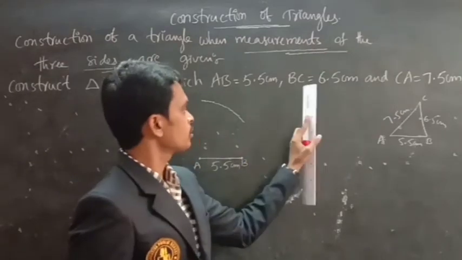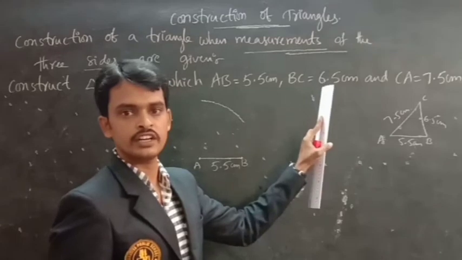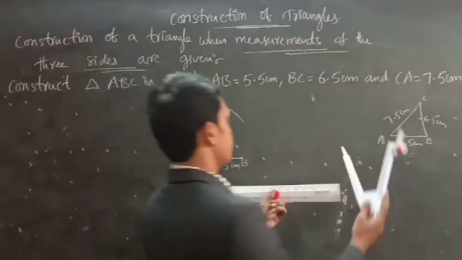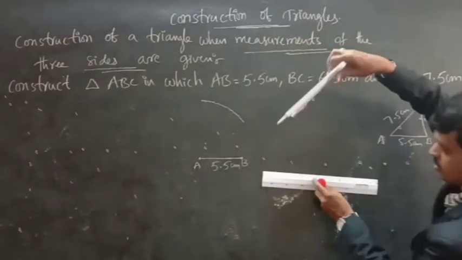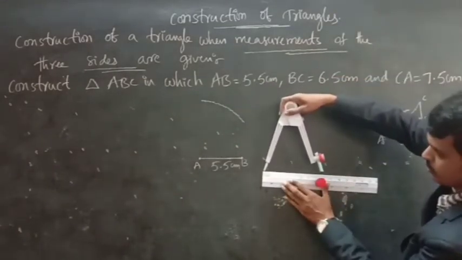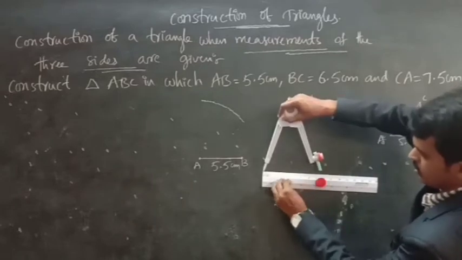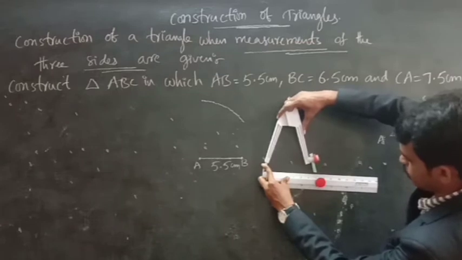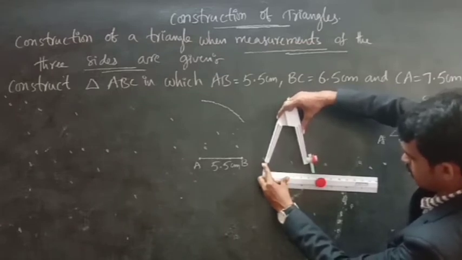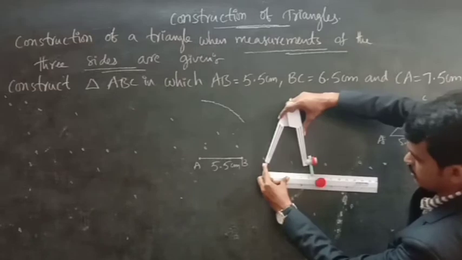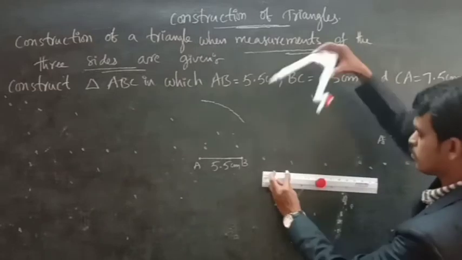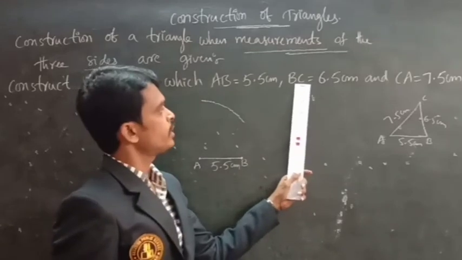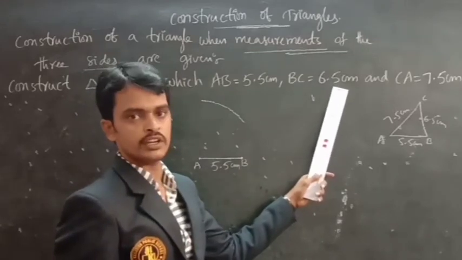And next BC, 6.5 centimeters. Using ruler and compass we take 6.5 centimeters, keeping the pointer of the compass at 0. Now BC is 6.5 centimeters.